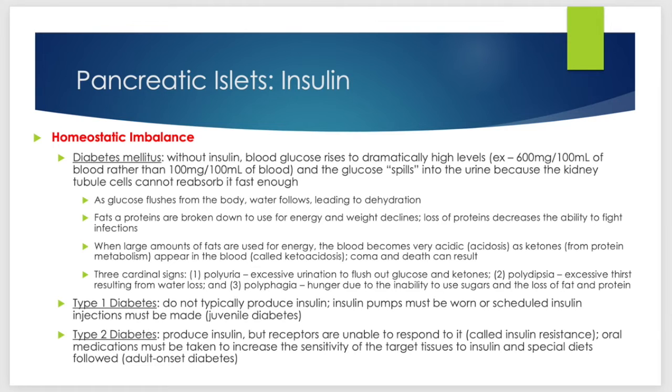Type 1 diabetes is often referred to as juvenile diabetes because typically people develop this when they are younger. And these people do not typically produce insulin. They have a pancreas, but their pancreas does not produce any insulin for them at all.